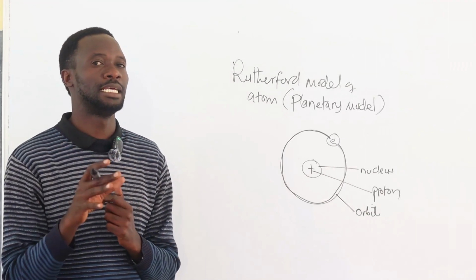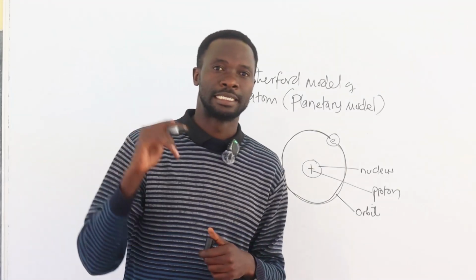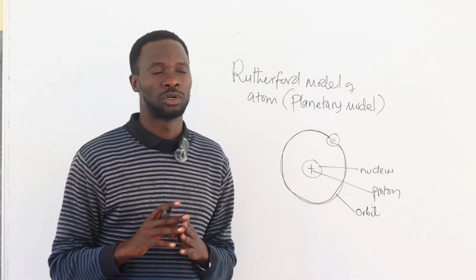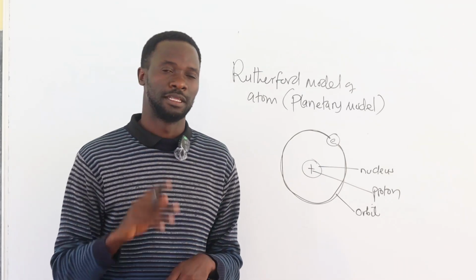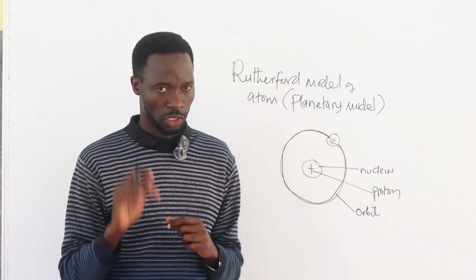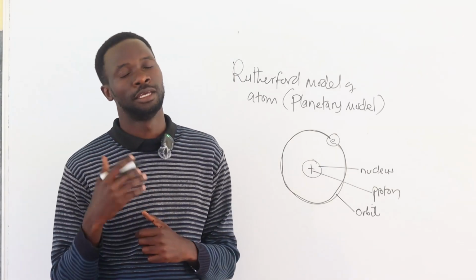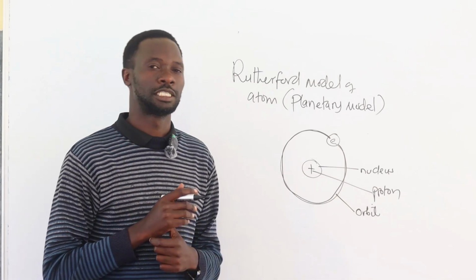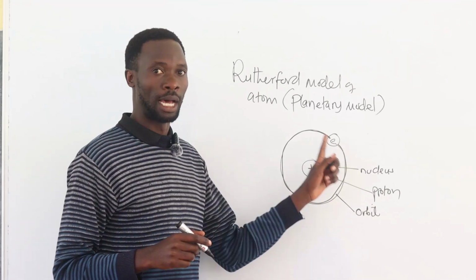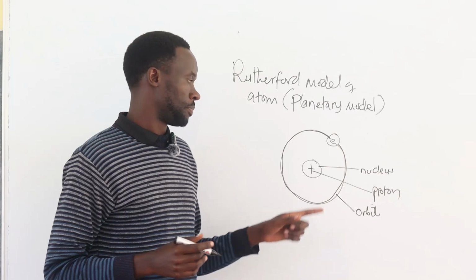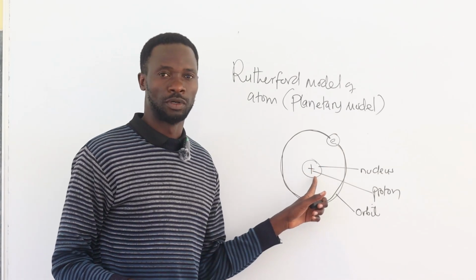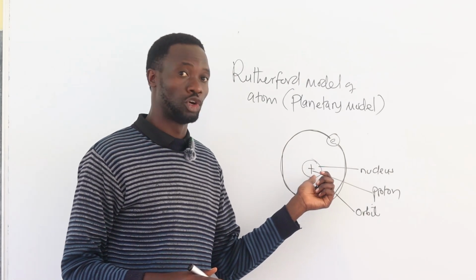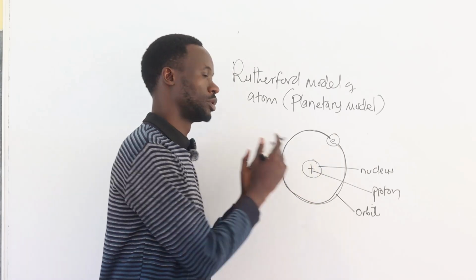He summarized his findings in the so-called summary of Rutherford findings. This summary consists of five points. The first says protons are located inside the nucleus. Second, the volume of the nucleus is relatively smaller than that of the whole atom. Third, most of the mass of an atom is concentrated at a dense central part of the atom, which is called the nucleus.